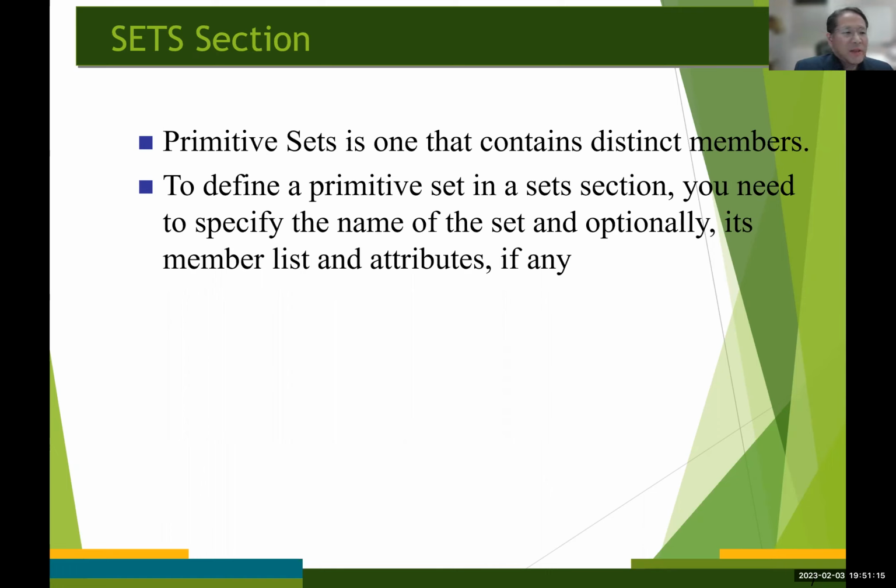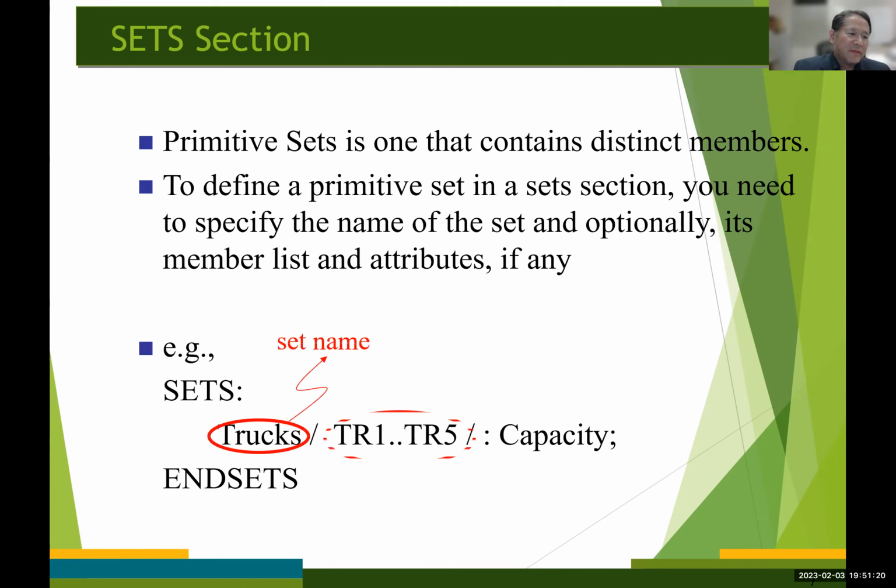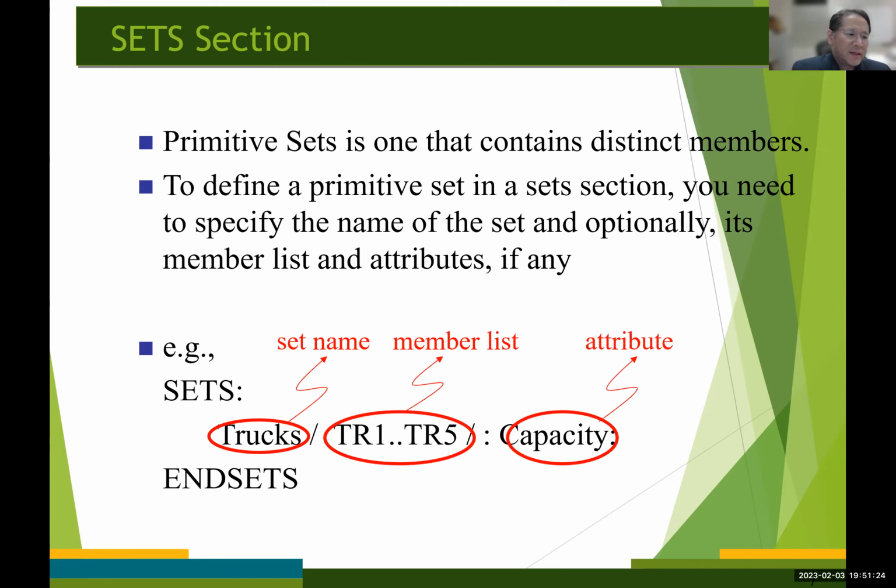Okay, so for example, this set is given the set name trucks. Okay, and it contains 5 different members, right? Identified by TR1 to TR5.